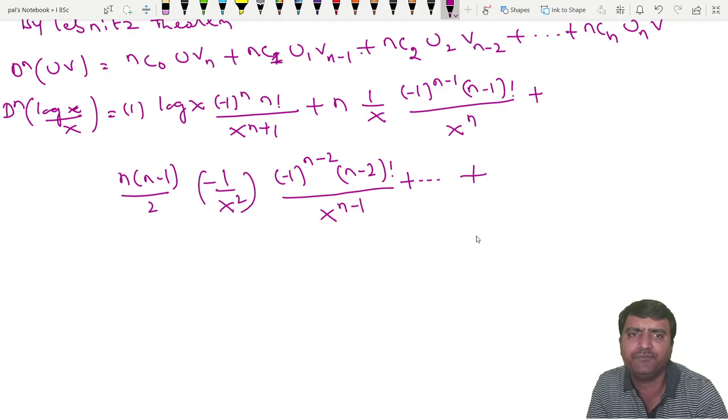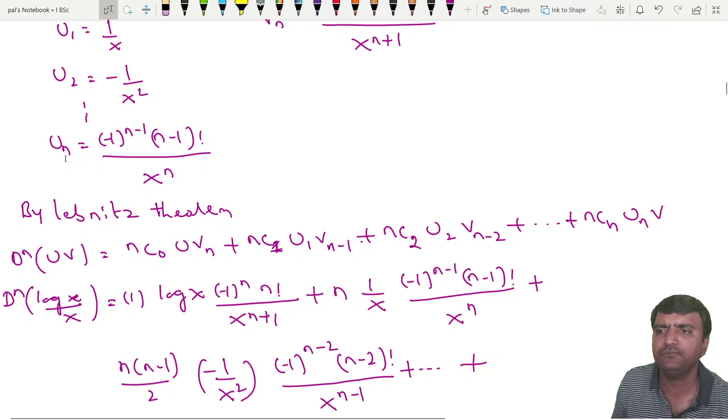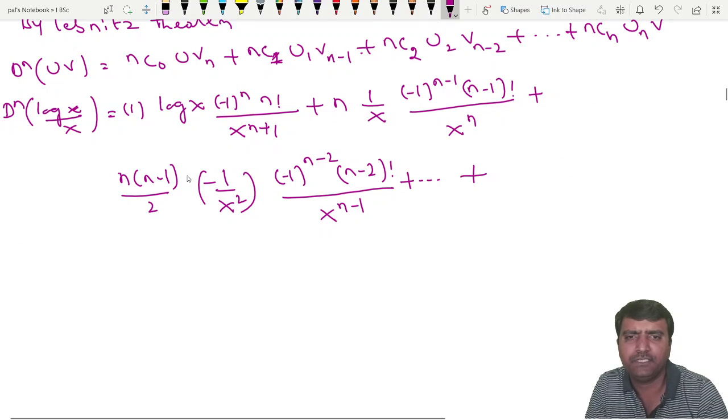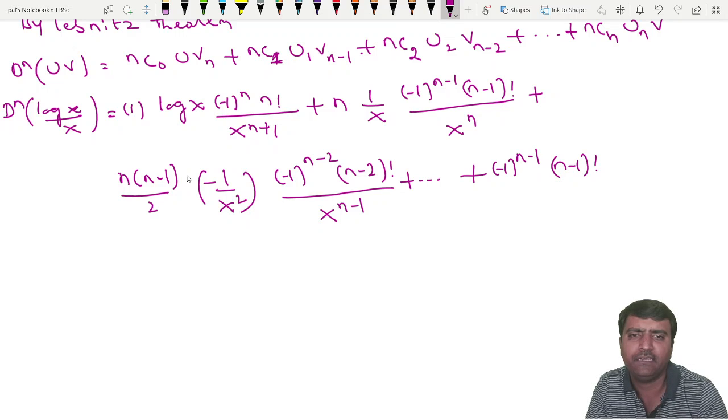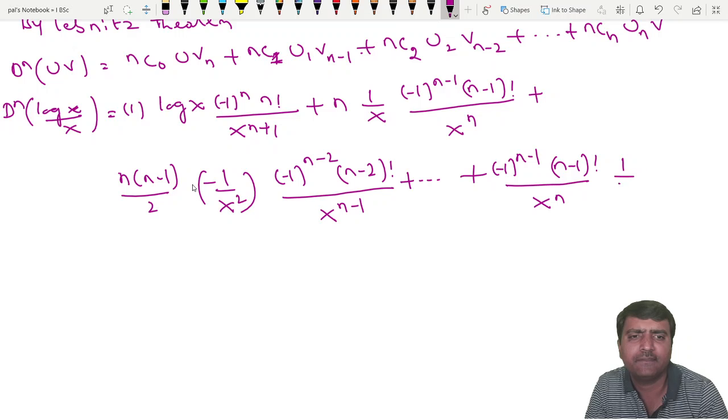At the last term we have nCn, which is 1, into u_n, the nth differentiation of log x, which is minus 1 to the power n minus 1, n minus 1 factorial divided by x to the power n, into v, that is 1/x.